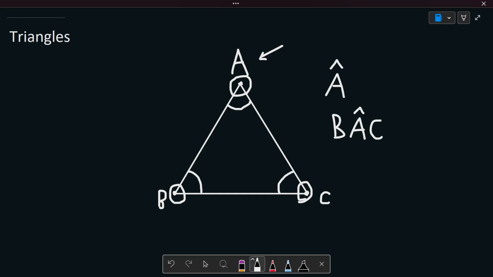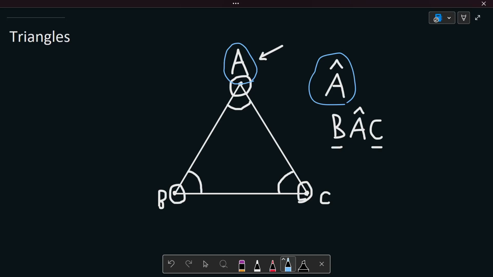So basically, our angle that we're working with is going to be in the middle of the 3 letters that we have over here, or in the middle of the 2 letters over here, B and C. And what does that tell us? For this A over here, we work specifically with this angle A right here.